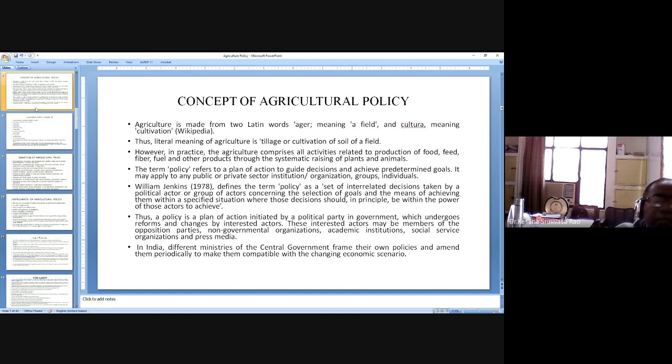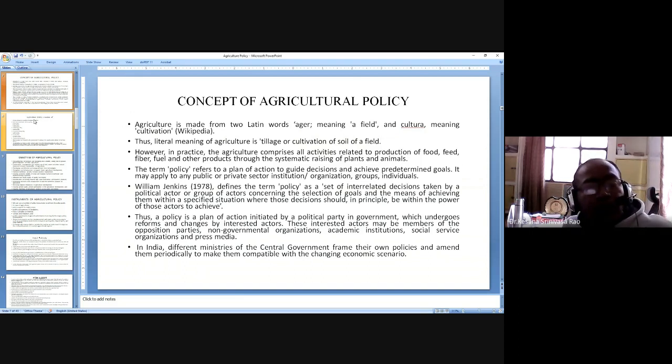In India, different ministries of the central government frame their own policies and amend them periodically to make them compatible with the changing economic scenario. From time to time, whenever the need arises, the ministry at the central level can formulate this type of policy while combining all these groups of people.